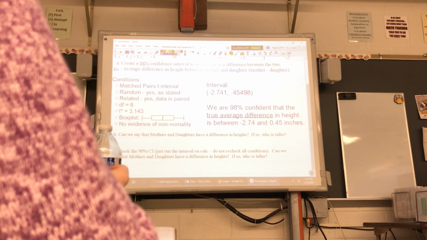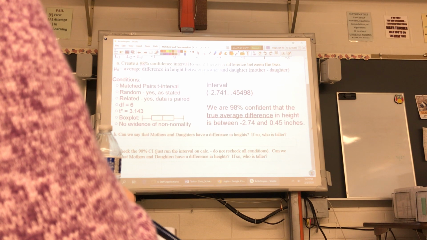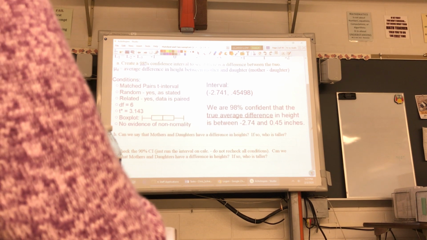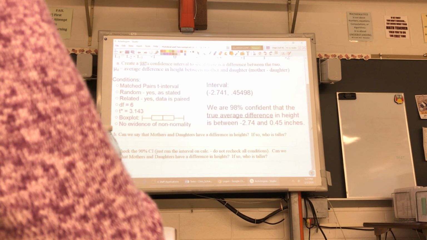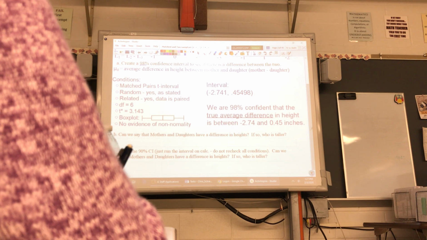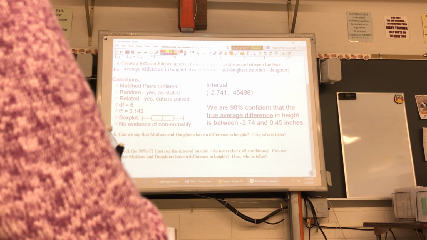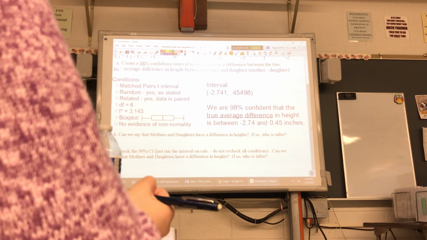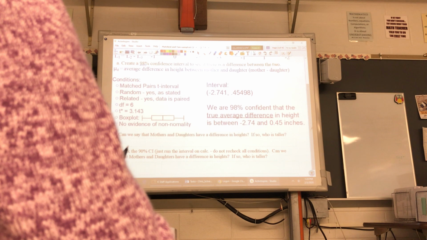How many said, no, we can't tell there's a difference in the heights? B? Or B, yeah. Okay, so someone who said yes, why do you think yes? And who is taller than? So if you said yes, you have to tell me who's taller. Or someone who said no, tell me why you said no.